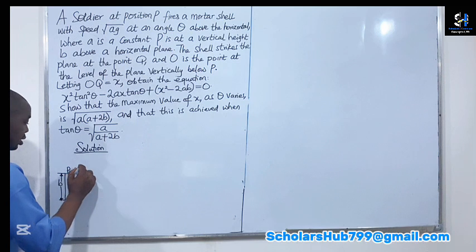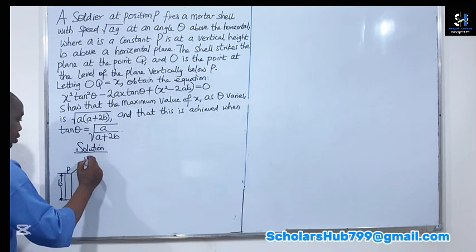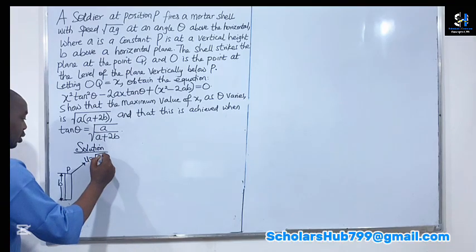Let's not forget that the soldier fires a mortar shell at a speed of U equals root AG.